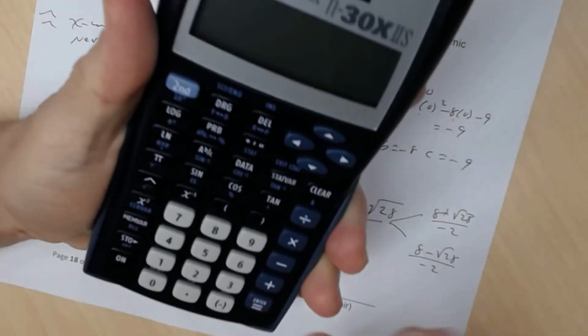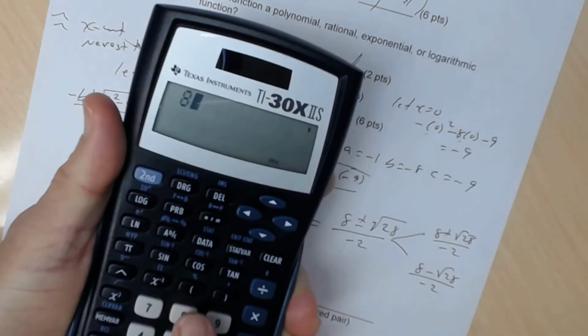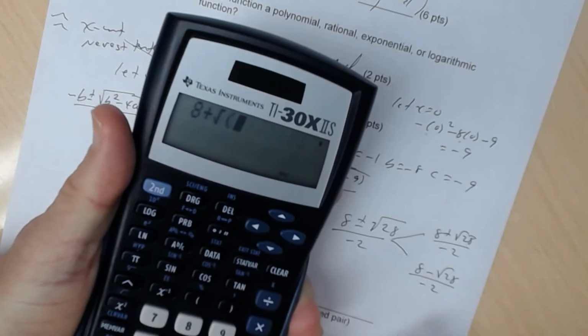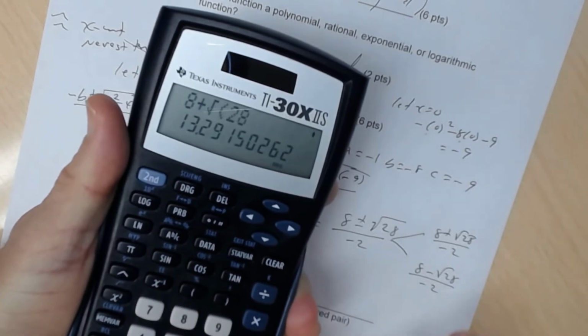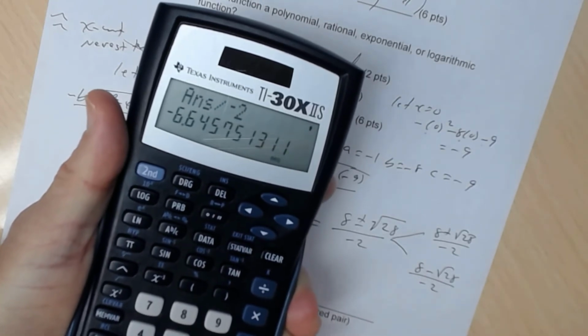All right, now on your calculator, you have to say 8 plus the square root of 28, and then you say equal. So that's your numerator. But then you've got to divide by negative 2. Divide by negative 2, and you get this.